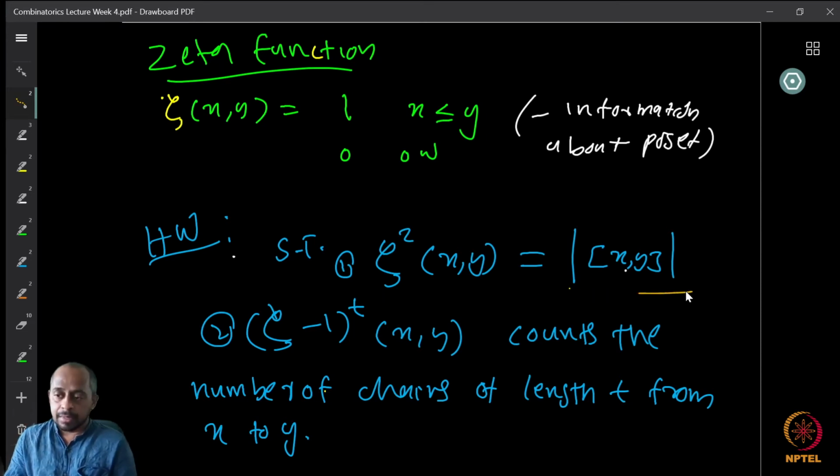This should be quite easy to prove. Then you can also prove that zeta minus 1, whole raised to t, of x comma y counts the number of chains of length t from x to y. Look at these two functions, zeta squared and zeta minus 1, and show that these properties are indeed the case. This is homework.